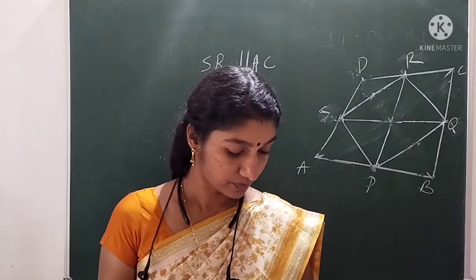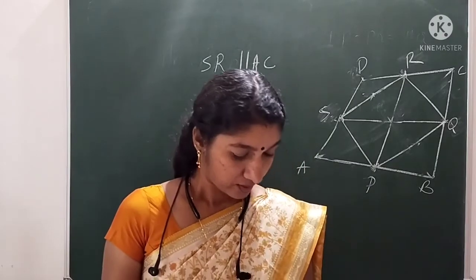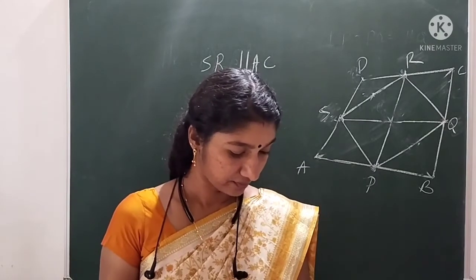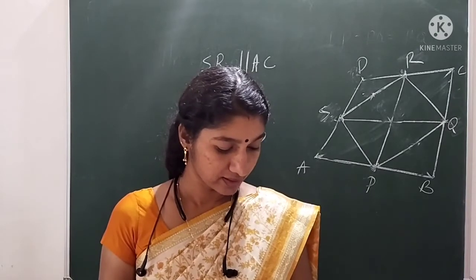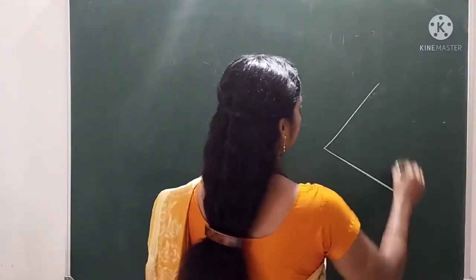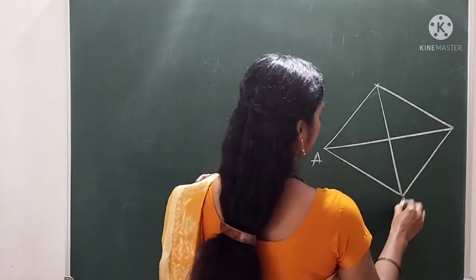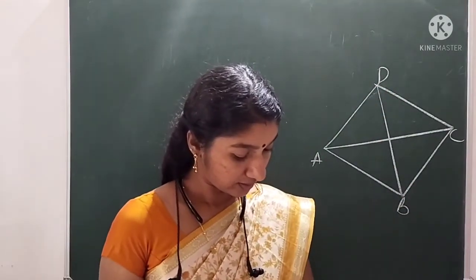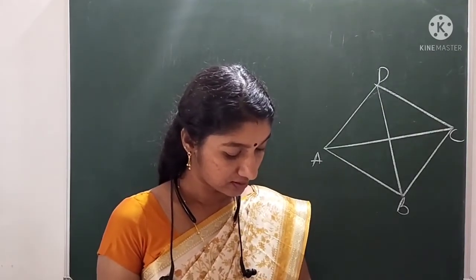We can do one question from this previous exercise. Questions number 9 and 10 you did as homework, I think. Then see question number 5, a question without a figure. Show that if the diagonals of a quadrilateral are equal and bisect each other at right angles, then it is a square.